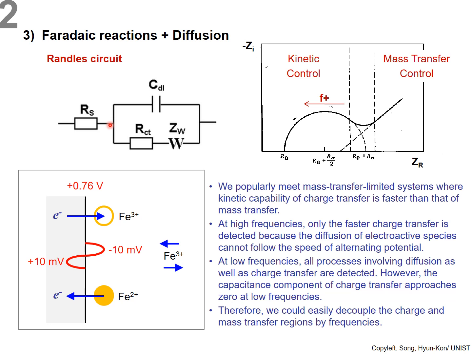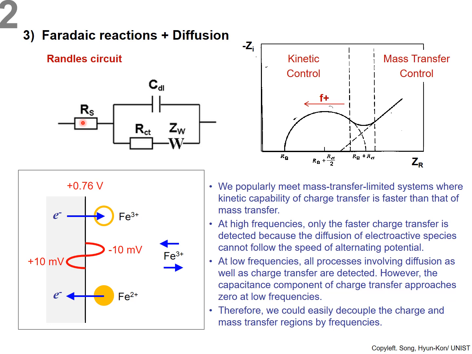The first one is the capacitance pathway for the double layer formation, and the second one is the charge transfer process. In the charge transfer process, I'd like to introduce the mass transfer process based on diffusion. That is the Warburg impedance. So we have two components here for the charge transfer pathway. That is the original Randles circuit.